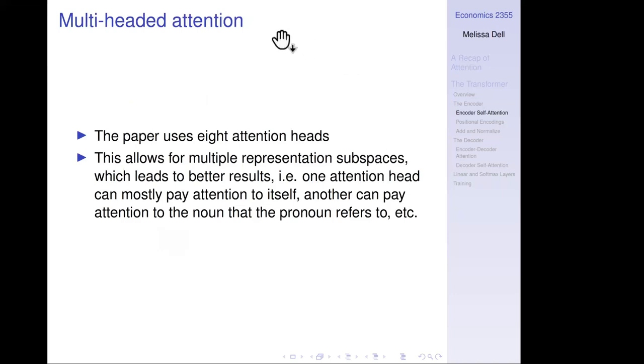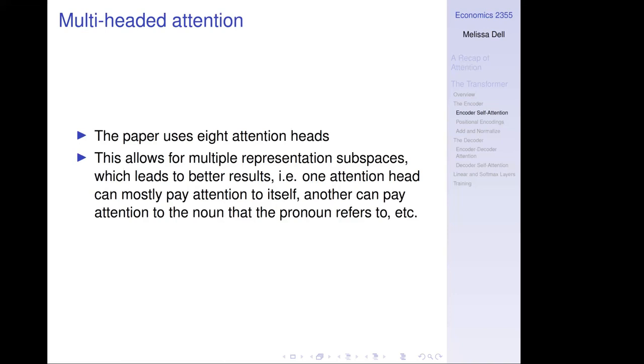And so I've shown you what a single attention head looks like. In reality, the transformer paper uses 8 attention heads. And again, that's an architectural choice. And the reason it's using multiple attention heads is just to allow for multiple representation subspaces, which is going to lead to better results.